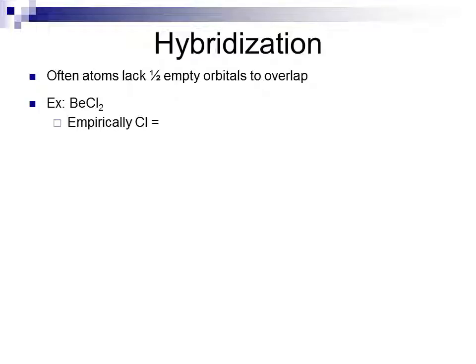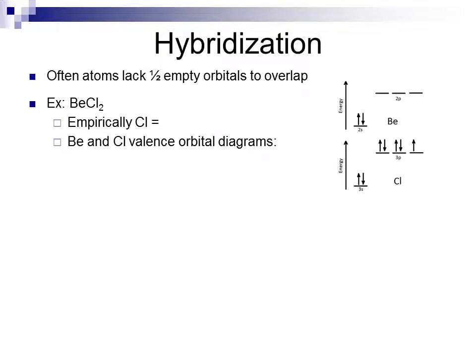There's no difference between the two chlorines in beryllium chloride. Looking at the valence orbital diagrams, which is just the valence electrons of beryllium and chlorine, we find beryllium has 2 electrons occupying the 2s orbital and none in the 2p, where chlorine has 2 electrons in the 3s and 5 electrons among 3 3p orbitals.